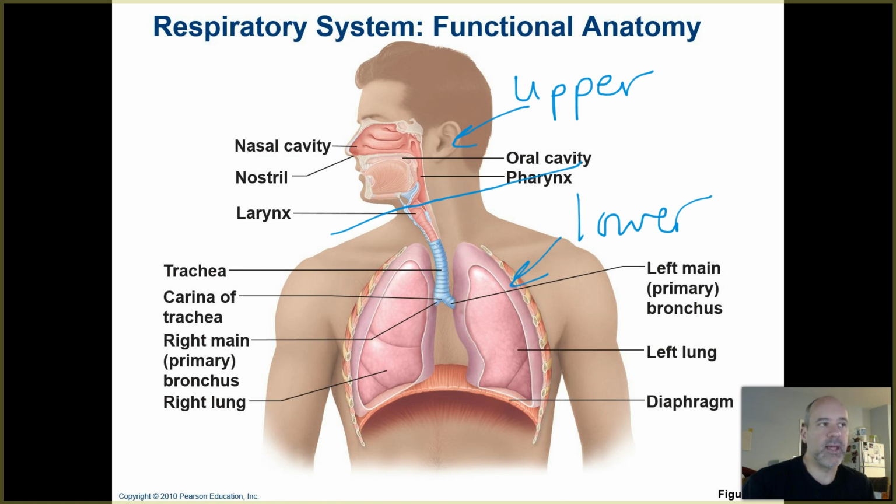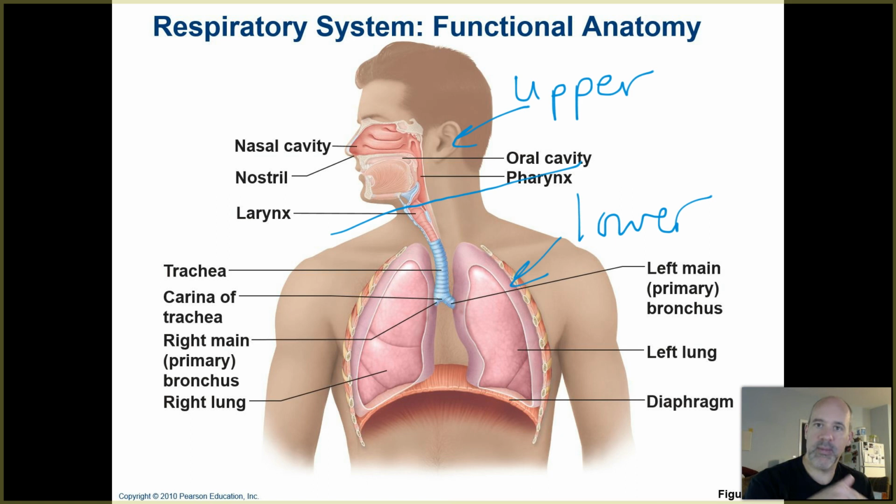In general, the dividing line is here, the larynx, where your Adam's apple is located. You know, that's that widened area just superior to the trachea, the main air tube that's going to bring air down toward the lungs. So that's really the dividing line between the upper and the lower respiratory tracts.